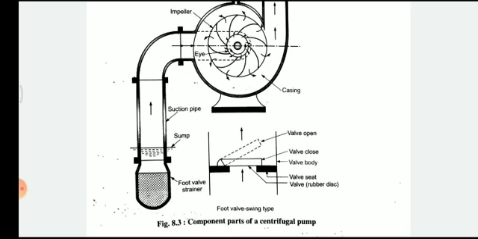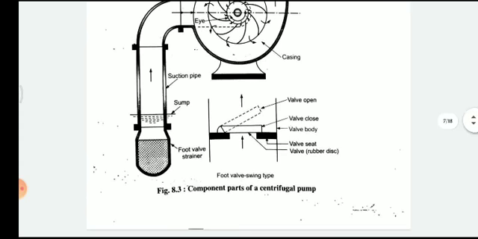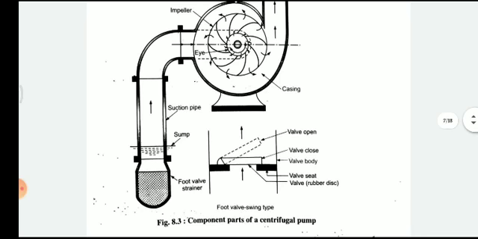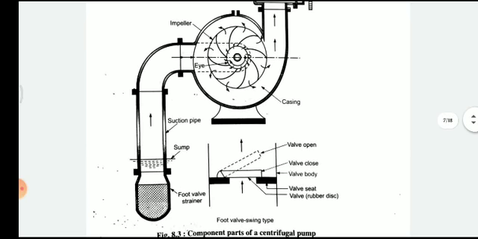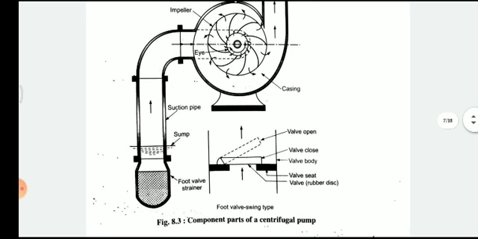It is a type of screening material fitted to the pipe so as not to suck in leaves, impurities and particles. On the right hand side, the foot valve, swing type, is shown.